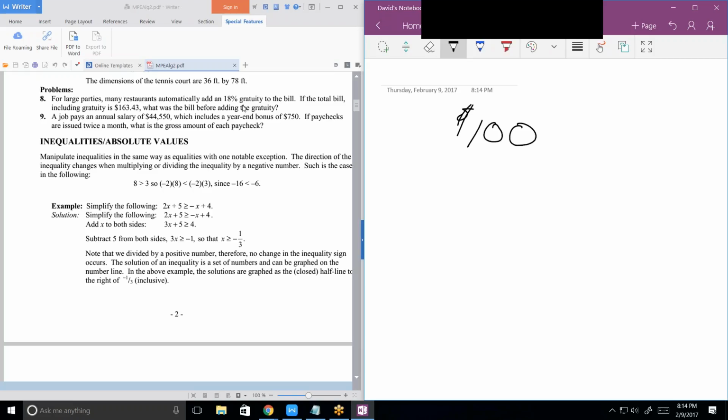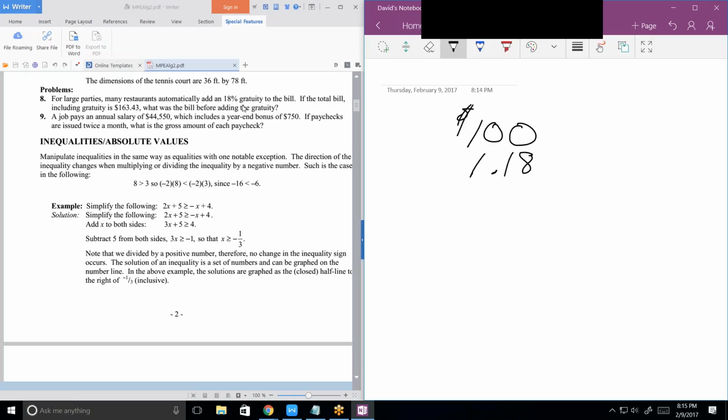How do you figure out your total bill? Take 18% of 100, so it would be $118 total. Correct. But there's actually a faster way to do it. What you did was take 18% of this and then added it to 100, right? That's the same as multiplying it by 1.18.